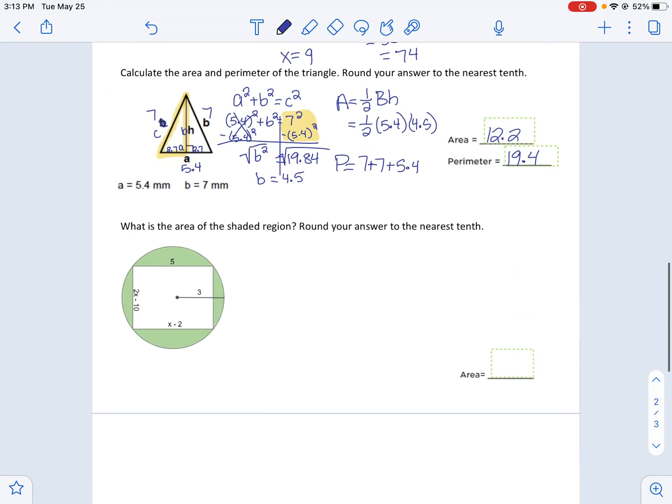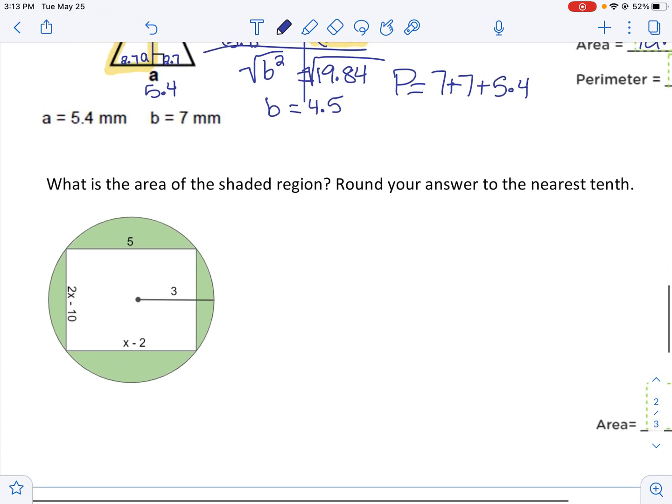Okay. Next, what is the area of the shaded region? Round your answer to the nearest tenth. So we're wanting to solve for the green part. So notice I have a circle and I have a rectangle. Well, first I'm going to start by solving for x, so I know what that is. So I'm going to take 5 equal to x minus 2.